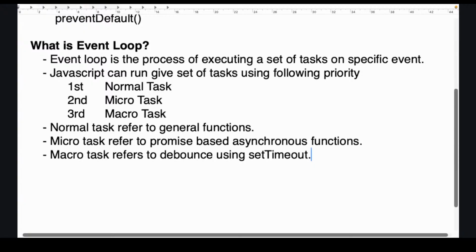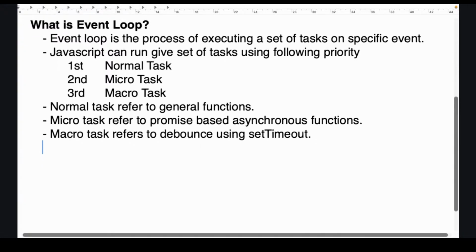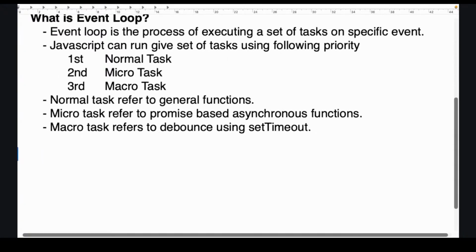So debounce is a mechanism you might have learned in JavaScript about debounce and throttle, right? Otherwise here I will show you how debounce and throttle work. So this is the event loop.